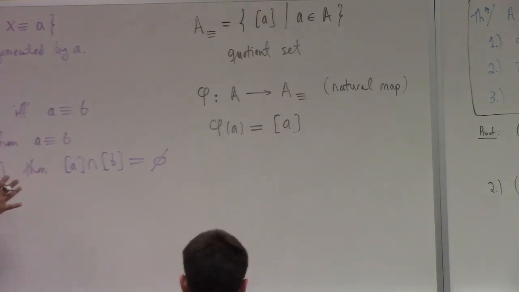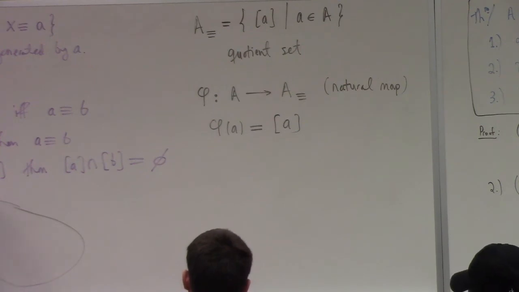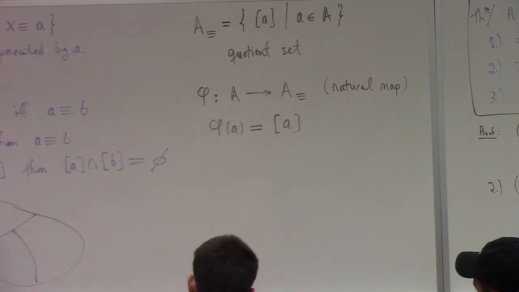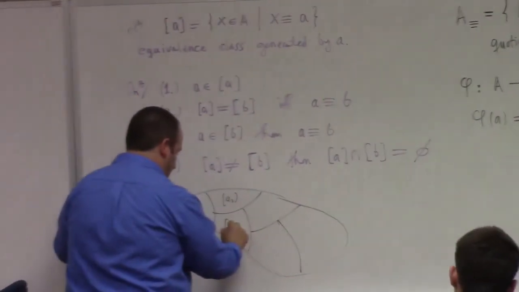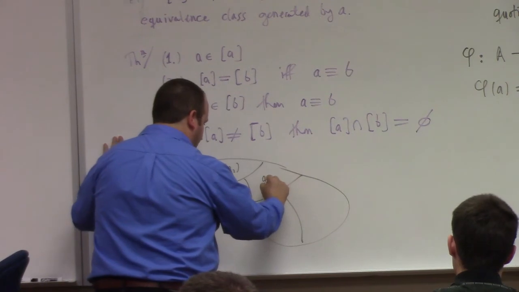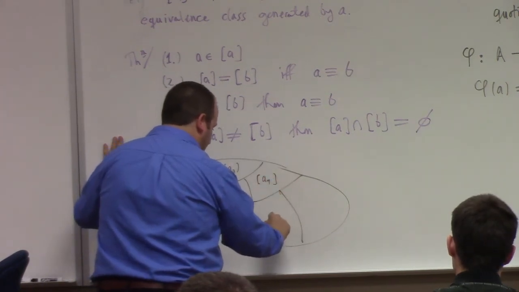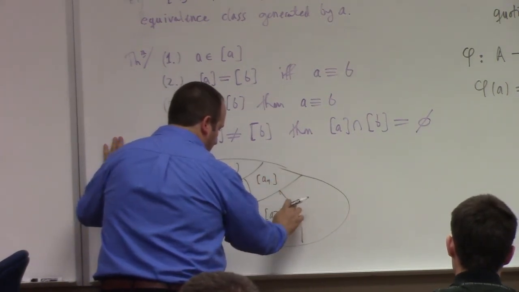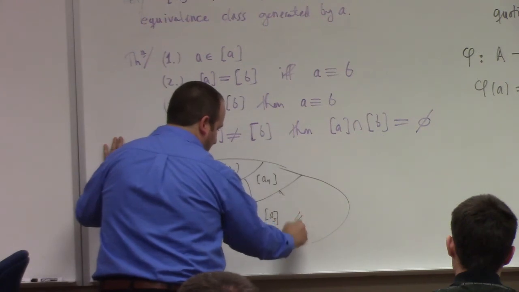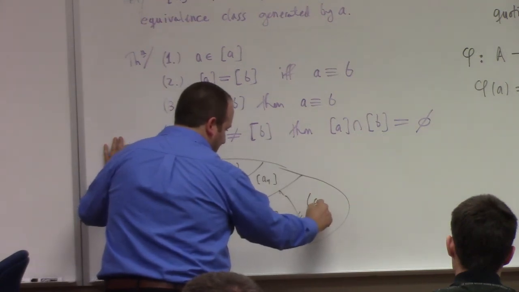So all of this, what this means is if you look at A, say this is a picture of A, then here's A1, A2, A3, A4, however many you got, A5. There could be lots of these; there doesn't have to be a finite number.